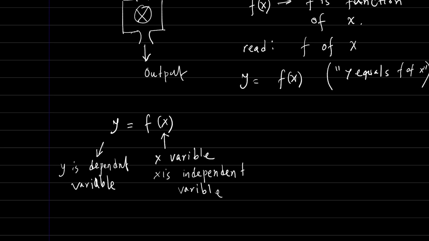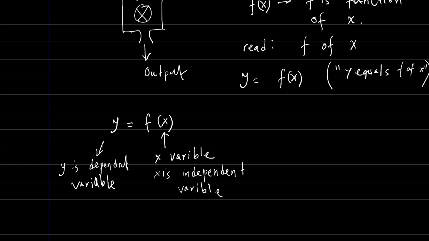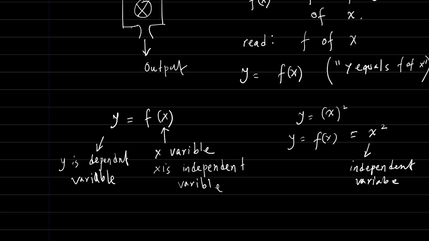So what's the definition of a function? For example, we can write y is equal to x square, or y is equal to f of x is equal to x square. Here x is the independent variable and y is the dependent variable.